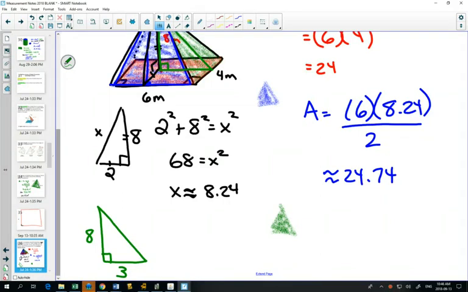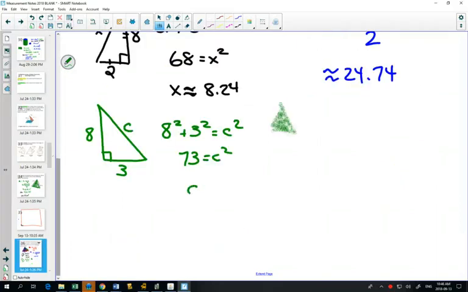I already used x. In a question where you're introducing more than one variable, you should use a different letter. I'll use c this time, so we can do a squared plus b squared equals c squared. 8 squared plus 3 squared equals c squared. 64 plus 9. Square root of 73. 8.54.